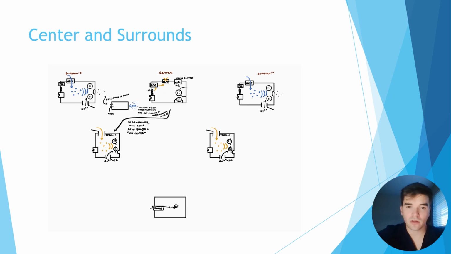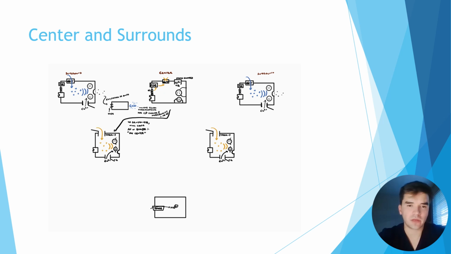So surrounds are the receptors around the middle of that group, and in between each of them you have a middle channel that causes the release of GABA, which is an inhibitory molecule. And we'll talk about that in just a second.